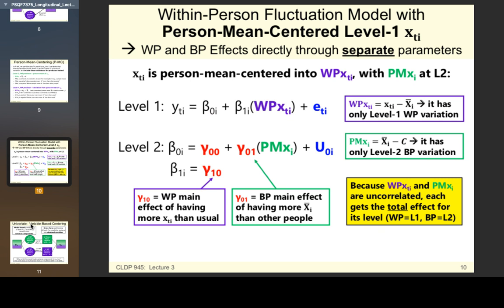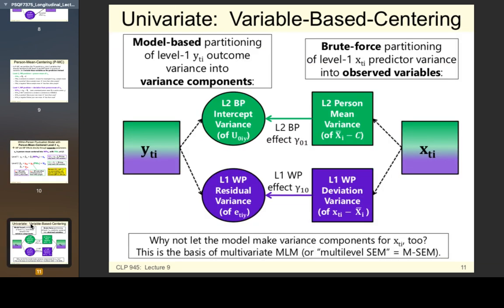This is why I teach people to do it this way. Because the new predictor has only level 1 variation, its effect has to be the within-person effect. The new level 2 predictor has only level 2 variation, so its effect has to be the between-person effect. Can't screw it up. Conceptually, what we've done is create a system for our predictor that mimics what's happening on the outcome side.